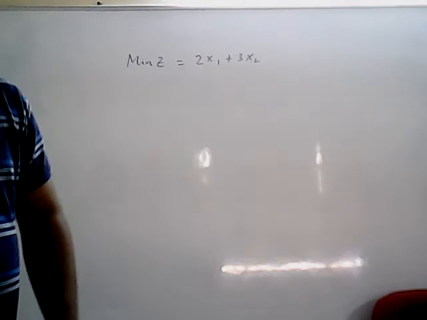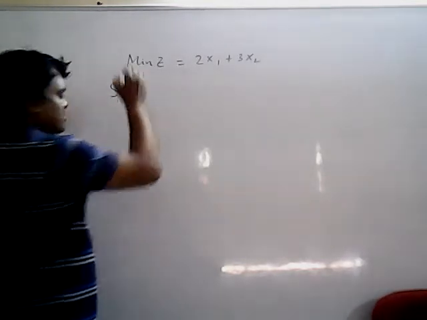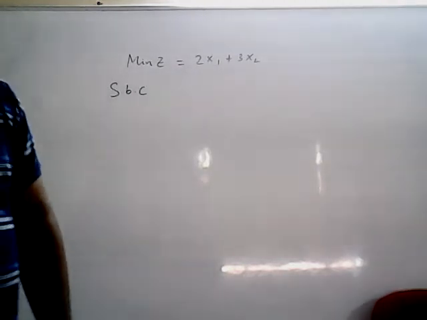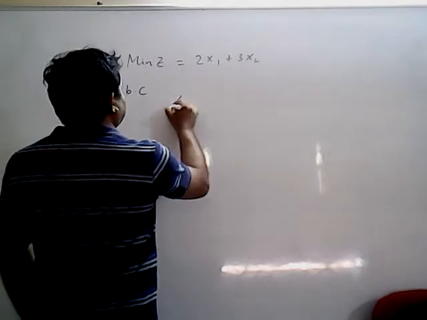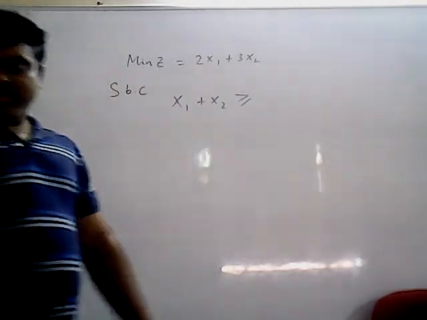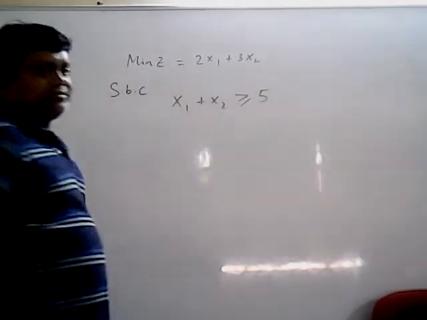Subject to the constraints: the first constraint, x1 plus x2 is greater than or equal to 5.